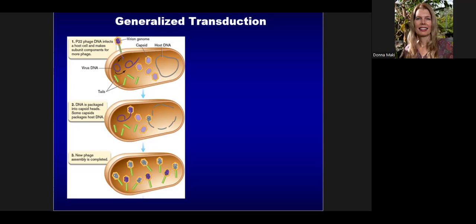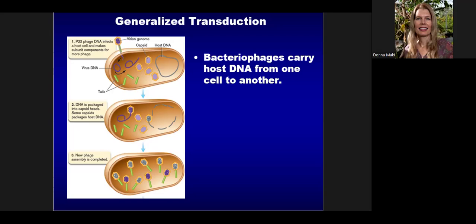Now, for the first host cell, it's doomed because this host cell is going to break open, lyse. All these virus particles spew out. And their goal is, I need to find another cell and infect. So this first host cell is doomed, but the second one might just make it.